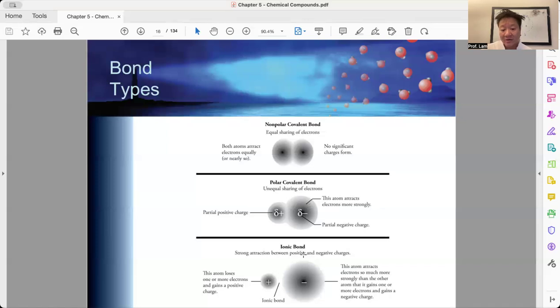Okay. Then at the other end of the spectrum, well, the unequal sharing is so extreme, or the difference in electronegativity is so extreme, that you don't even think about sharing anymore. The model becomes one atom completely gaining the electron to become negatively charged, while the other atom loses the electron completely and becomes positively charged, and then the opposite charges attract to each other, right?